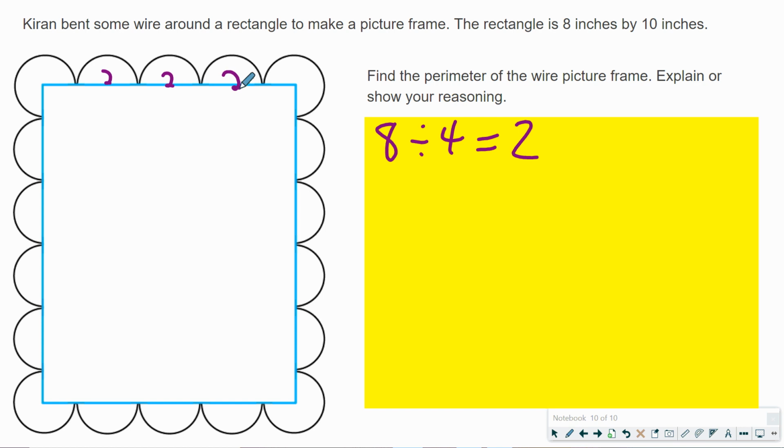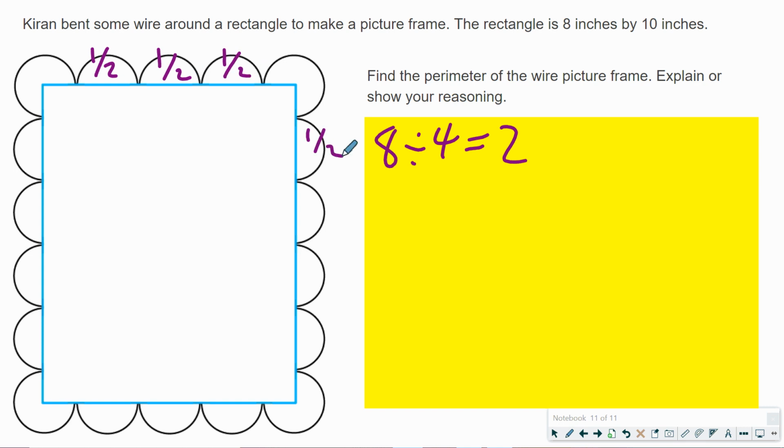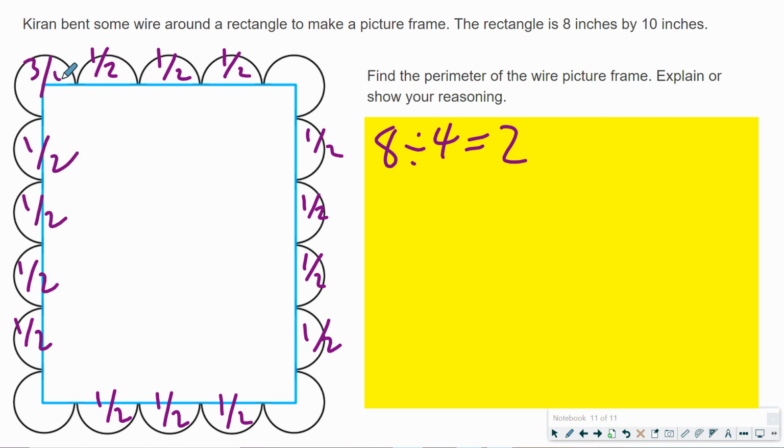The next thing I have to do is figure out how many circles I have, because I have to find the circumference of one circle and multiply by how many I have. So I'm going to do it by halves. So this is a half, half, half, half, half, half, half. And then these are actually 3/4.